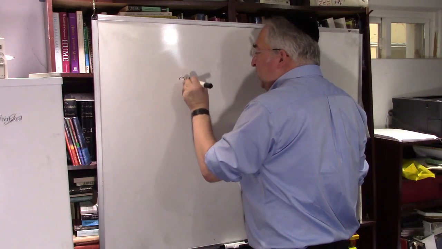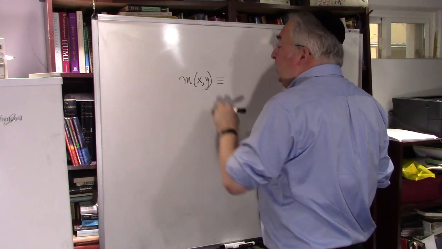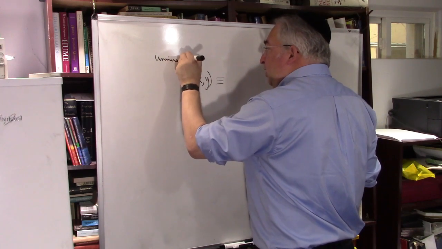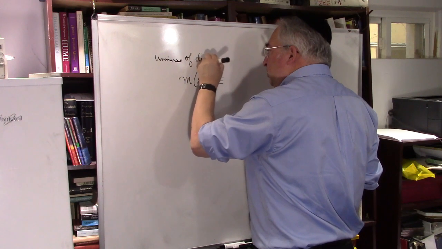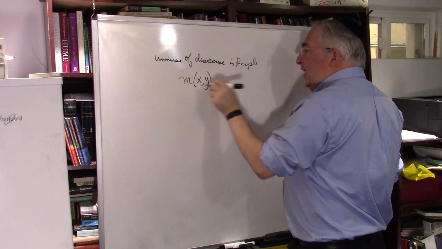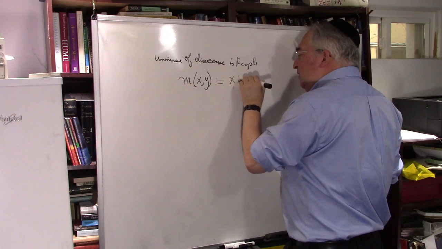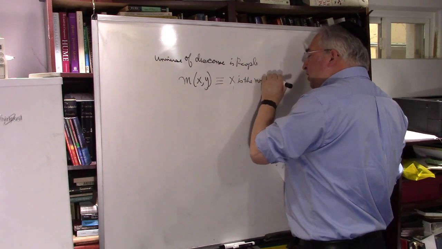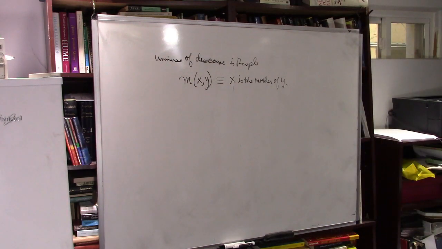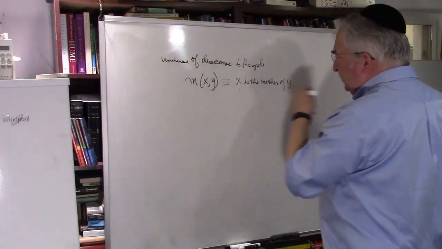The book talks about M(x, y), which means, the universe of discourse is people, and M(x, y) means x is the mother of y. Okay? So this is an example that the book does.